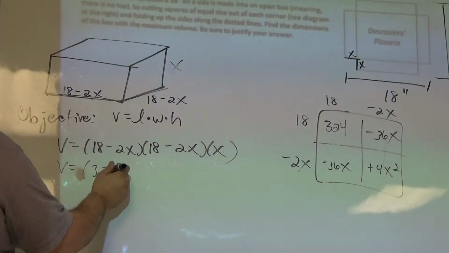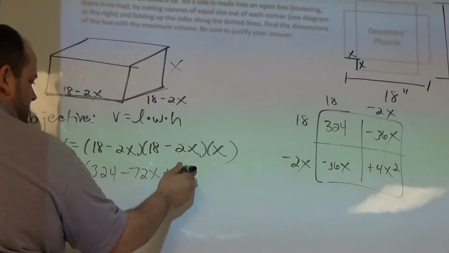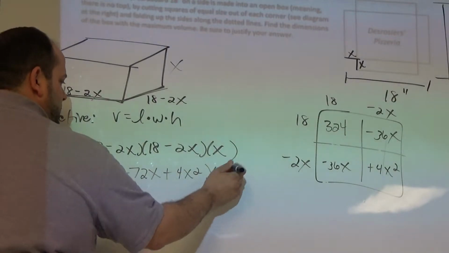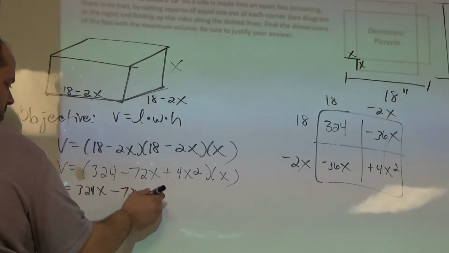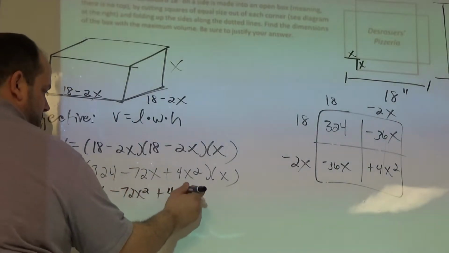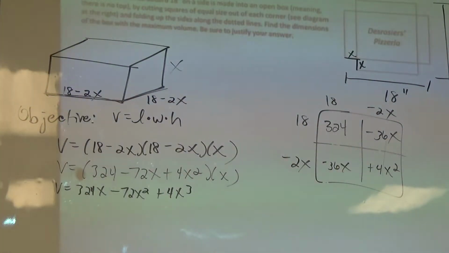So 324 minus 72x plus 4x squared, times x, is going to be 324x minus 72x squared plus 4x cubed. A little bit of algebra, some ugly numbers. So, go find the derivative. Go do your stuff. I want to check in with some folks on some things.